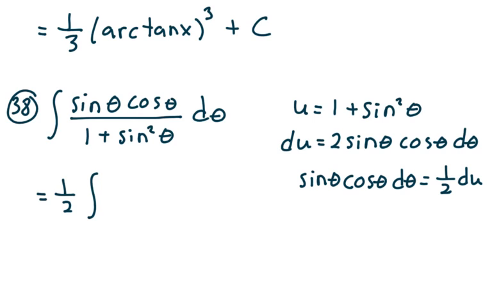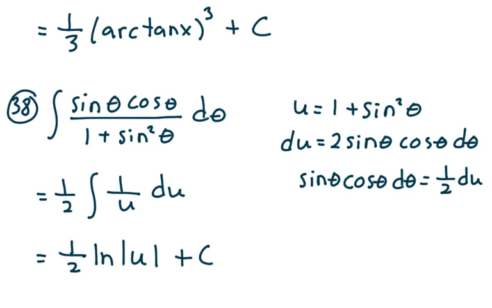So I get half the integral of 1 over u du, which is 1/2 natural log of the absolute value of u plus c. Now, remember u is 1 plus sine squared theta, which, by the way, is strictly bigger than 0. It doesn't matter what you put in for theta. That's always going to happen.